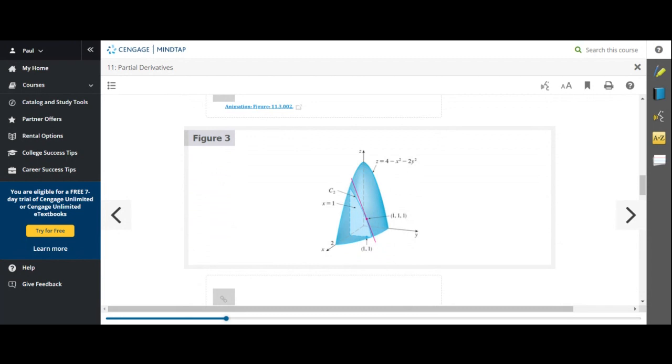And what's the slope of that tangent line? -4. Good. Okay, so far, are there any questions?